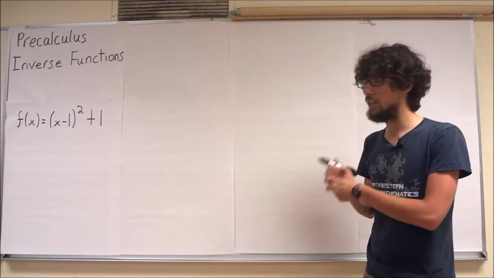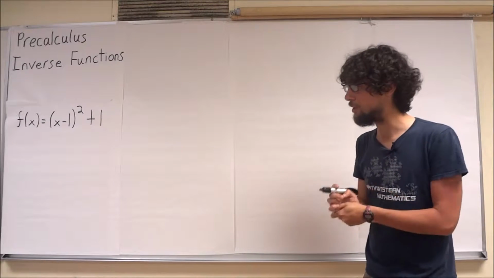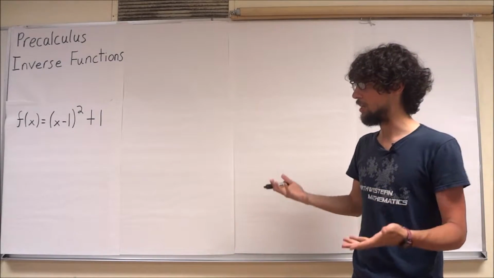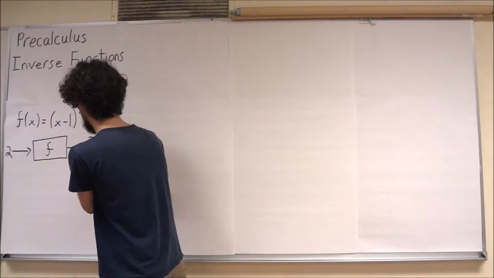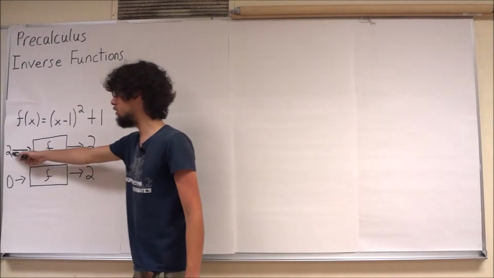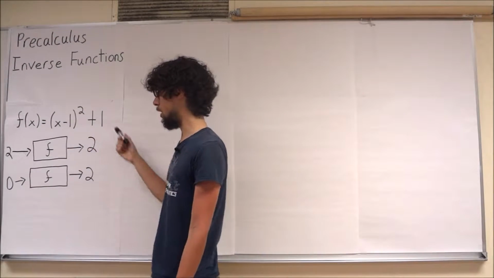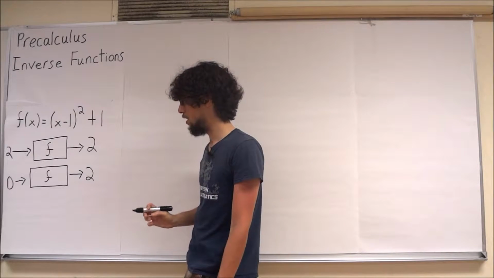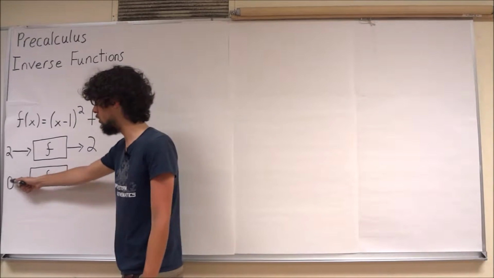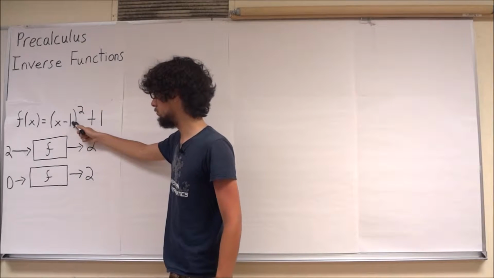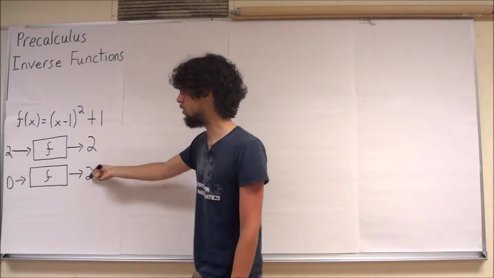But there is a little bit of funny business going on here. In particular, consider this. If I feed 2 into f, I get 1 squared plus 1, which is 2. And if I feed 0 into f, I get negative 1 squared plus 1, which is also 2.